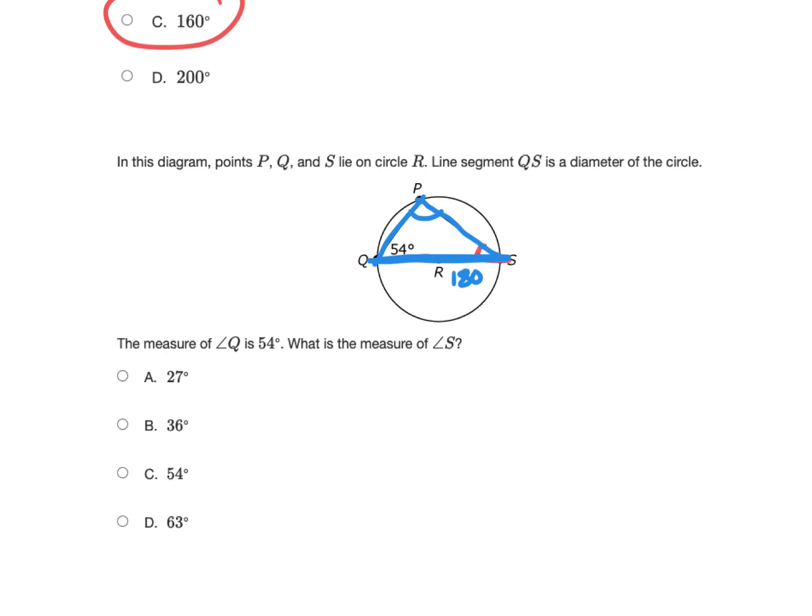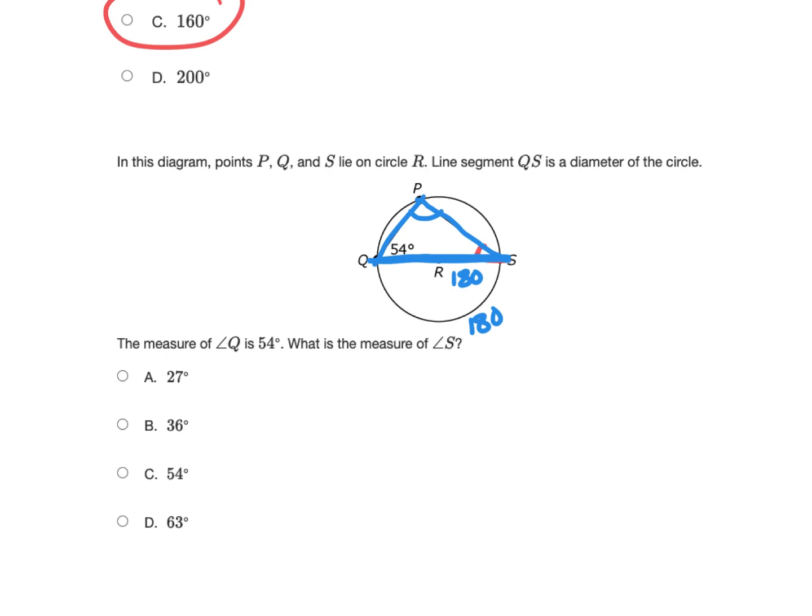Because if this angle here is 180, central angle means the arc's 180. And the angle is half the arc, or we can say the arc is twice the angle. So to reverse twice, we cut it in half.